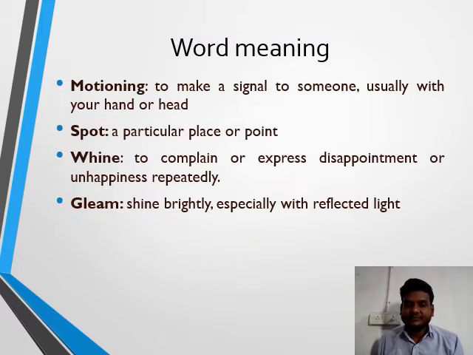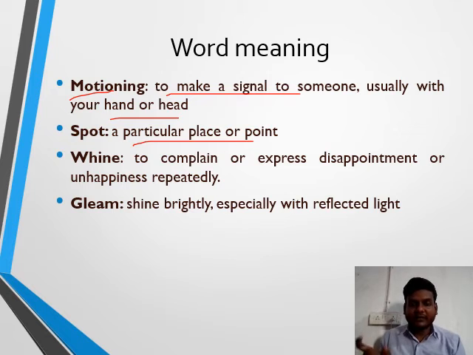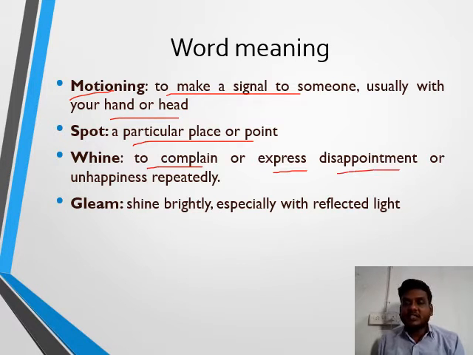Okay, student. Here are the word meanings. Motioning means to make a signal to someone, usually with your hand or head. A spot means a particular space or point. We find the spot. Whining means to complain, expressing that you are disappointed or unhappy. Gleam is shining bright, especially with reflected light.